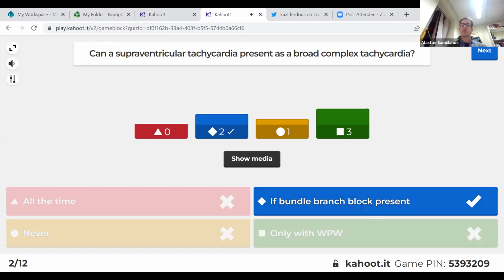And if bundle branch block is present, then an SVT will present as a broad complex tachycardia. So not only with Wolff-Parkinson-White, but also if bundle branch block is present.